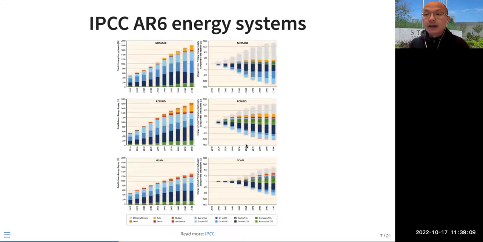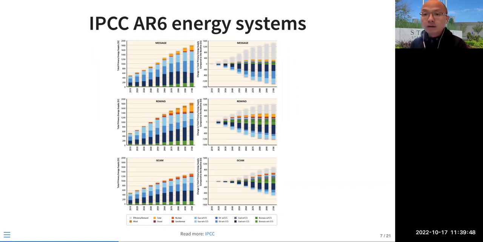How the energy system should respond is also from the IPCC report, and from different models, as you can see here, MESSAGE, REMIND, GCAM, each representing an IAM model by a different research group. By the way, those are very famous models, and if you're interested, I definitely encourage you to search those names and learn more about how the models work.